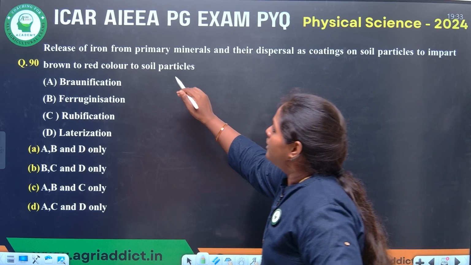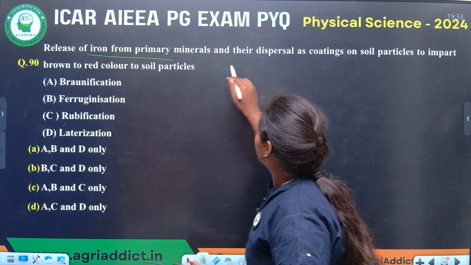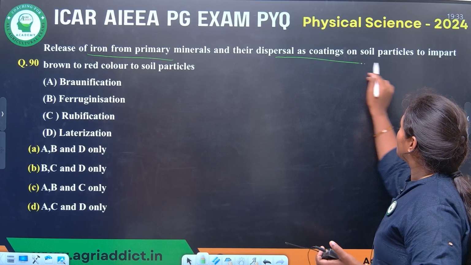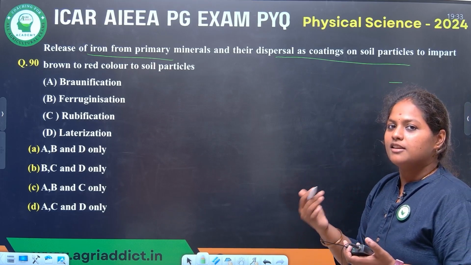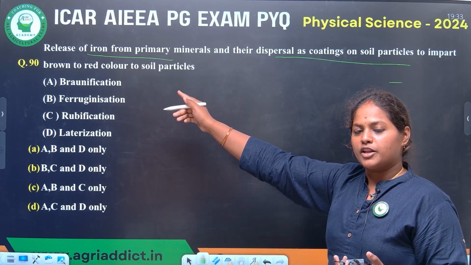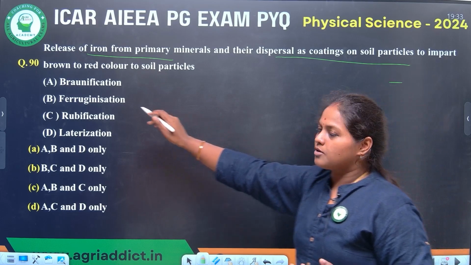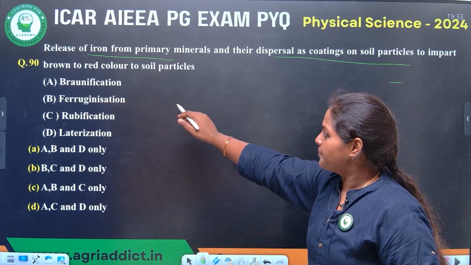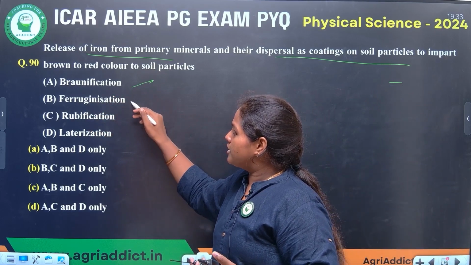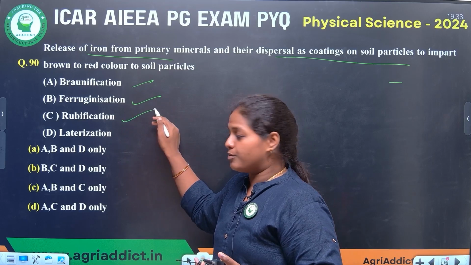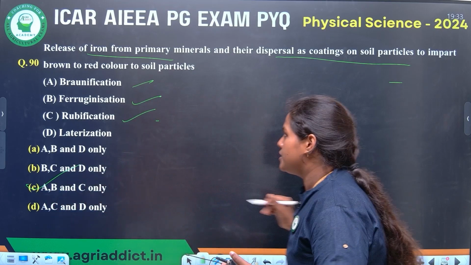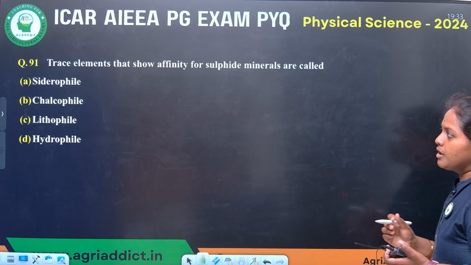Question number 90. Release of iron from primary minerals and their dispersal as coatings on soil particles is called. It is again from the very first topic of pedology, soil formation processes. It is called brownification, ferruginization or rubification. A, B and C. Option C. Question number 91.